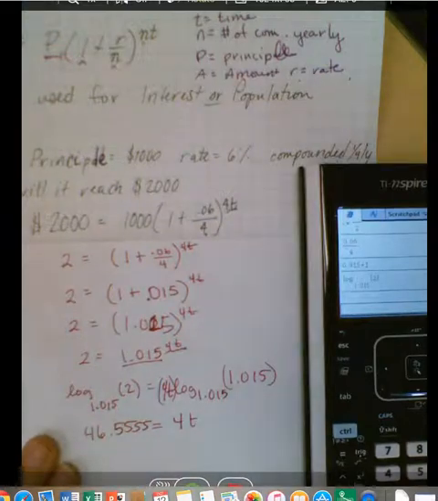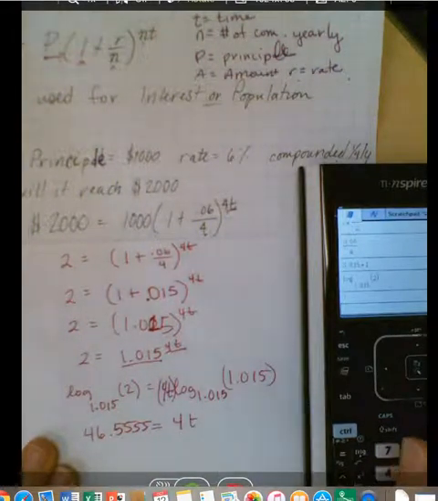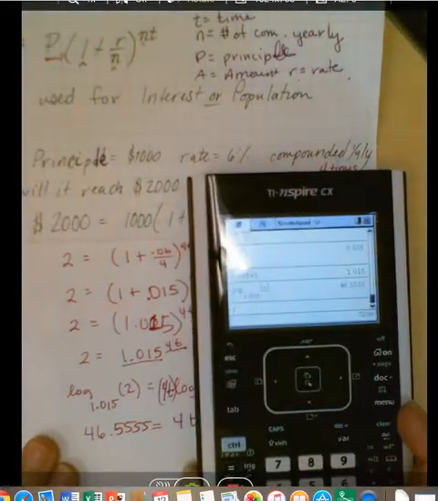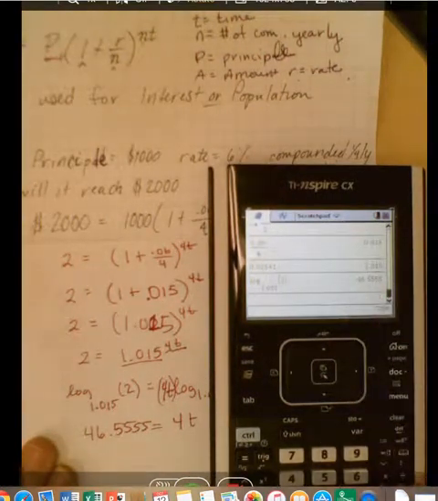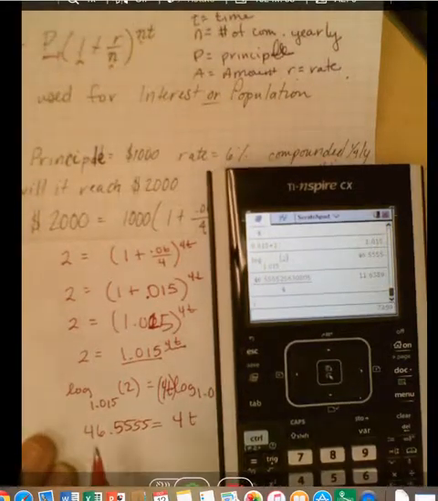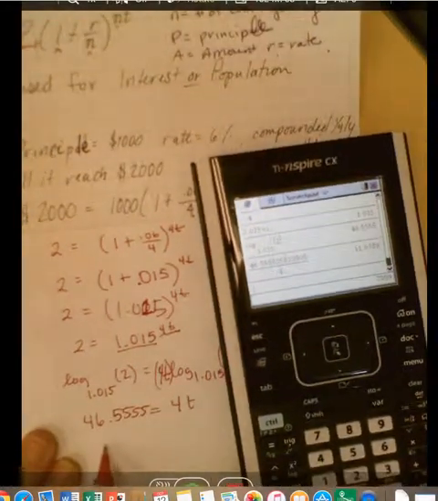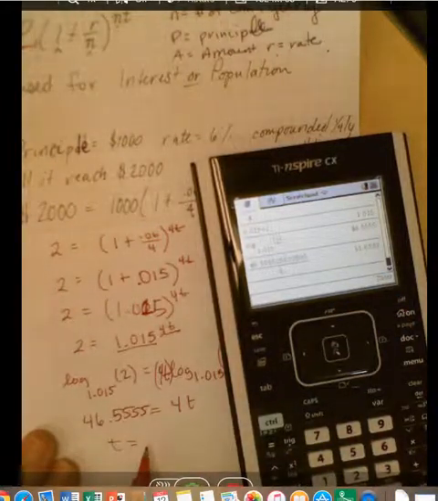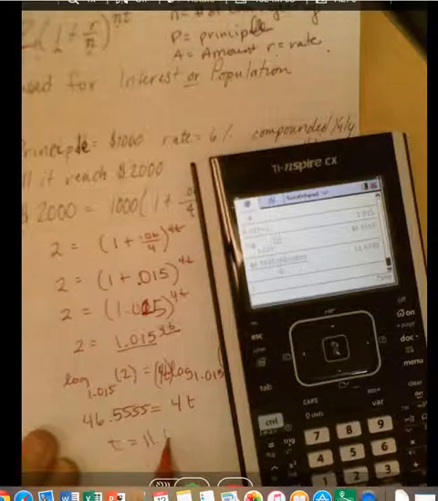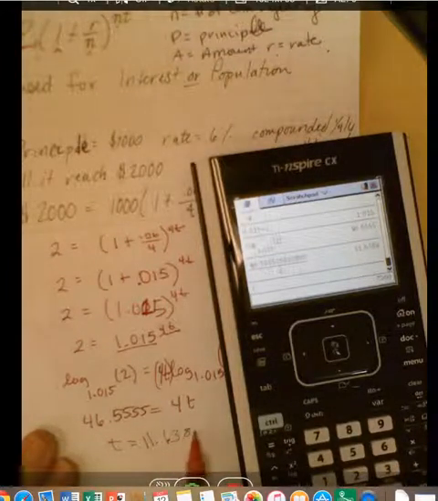46.5555. My calculator just says 4 5s, but it's possible that it's a repeating 5, so I'm going to go ahead and use that term and say divide by 4 here with my calculator. And so t must be, what term they've given me here, 11.6389.